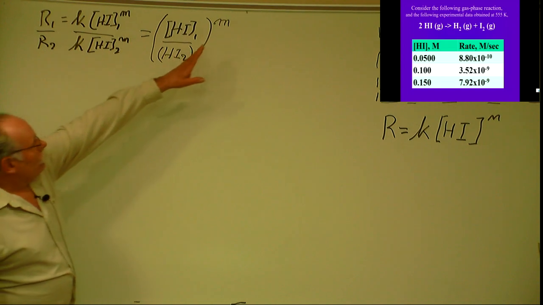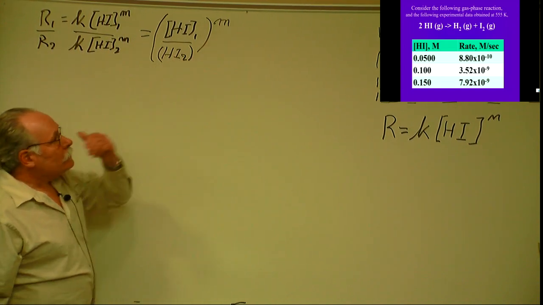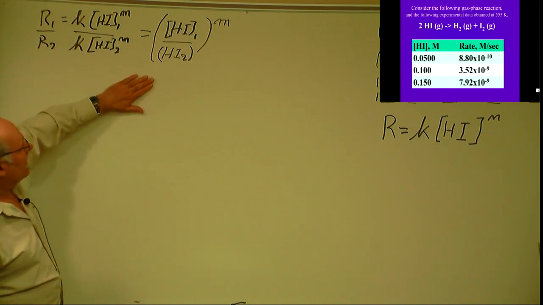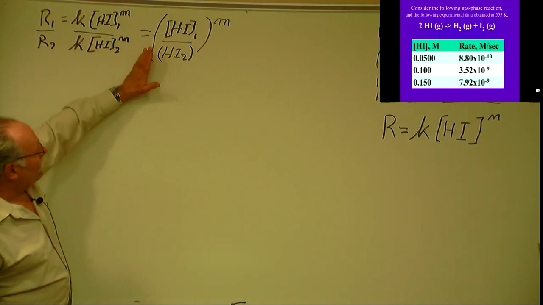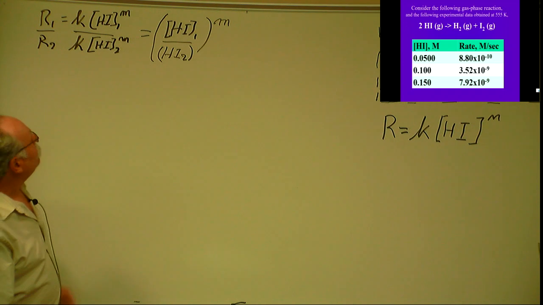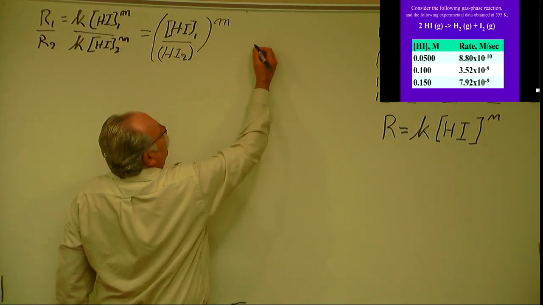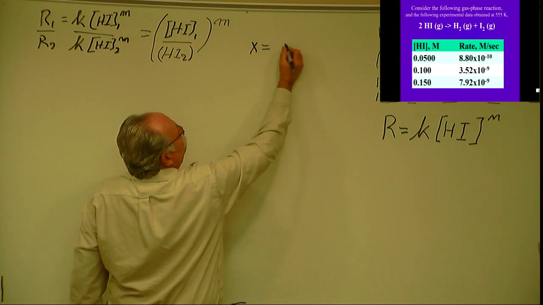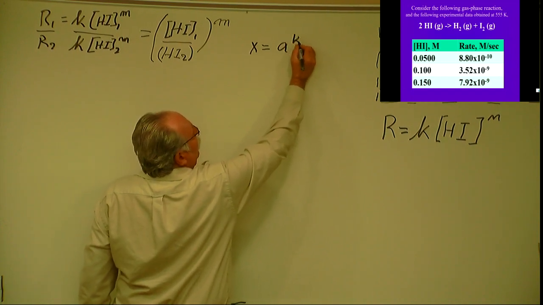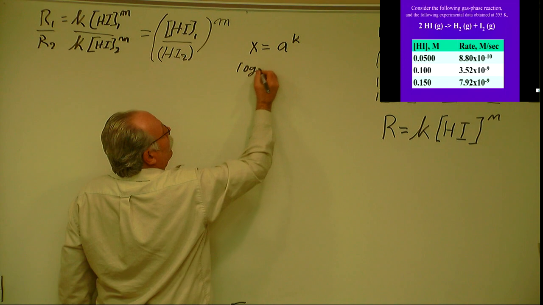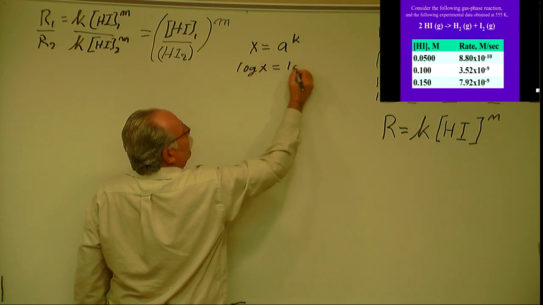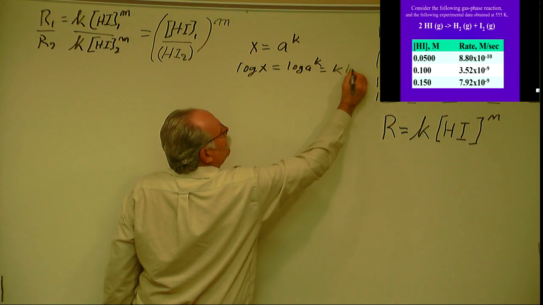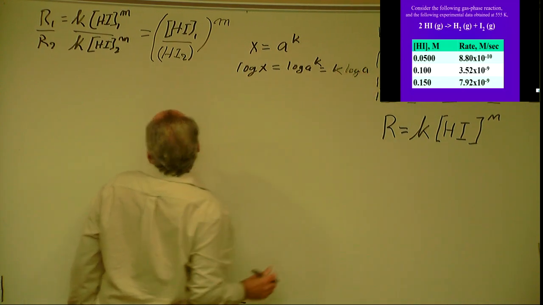Now I want to solve for M, okay? So I can algebraically brute force through this, and we will in a minute, okay? How do I solve for power? I take the log, okay? I use the relationship x equals a to the k, log of x equals log of a to the k, which equals k log a, okay?